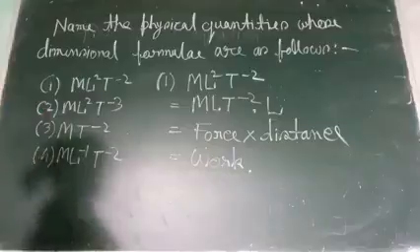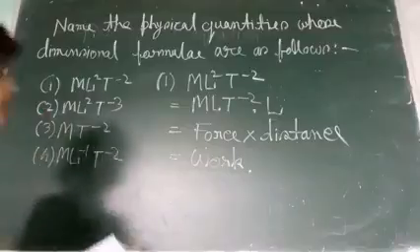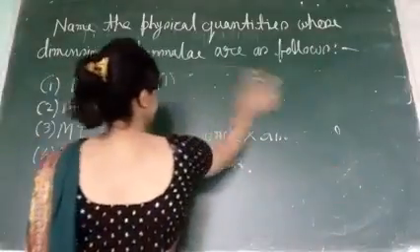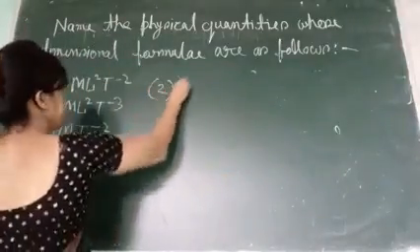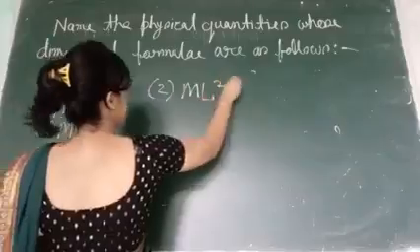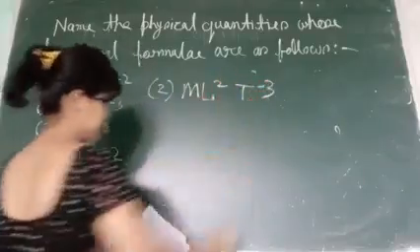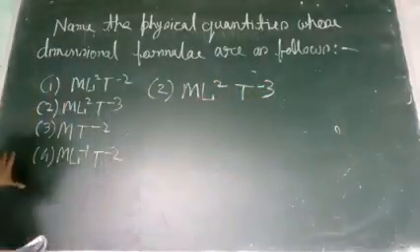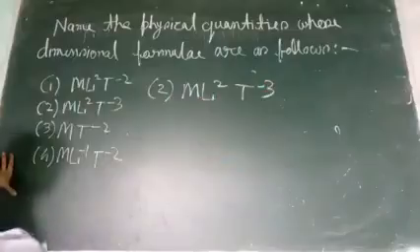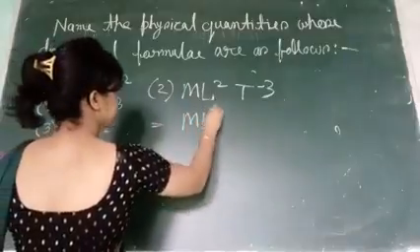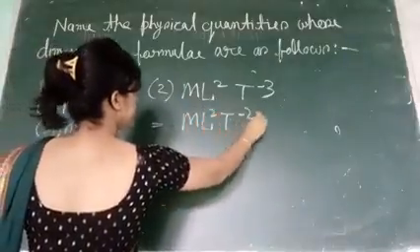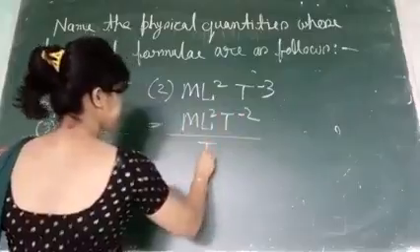Let's see what this physical quantity is. We can write it in this way: M L square t to the power minus 2 divided by t.